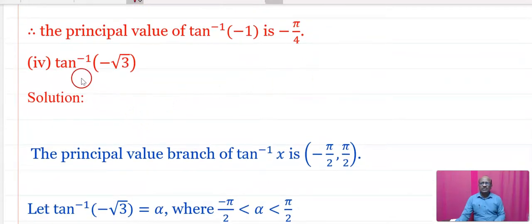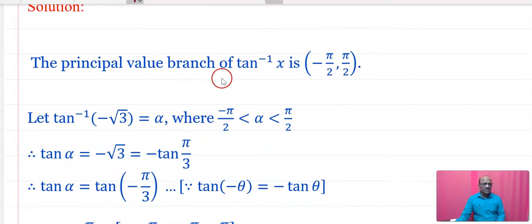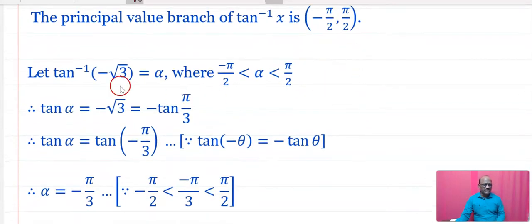Next is the tan inverse of minus root 3. The principal branch of tan inverse of x lies between minus pi by 2 to plus pi by 2. Tan inverse of minus root 3 is equal to alpha, where alpha lies between minus pi by 2 to plus pi by 2. Now tan of alpha is equal to minus root 3. Root 3 is the value of tan of pi by 3.